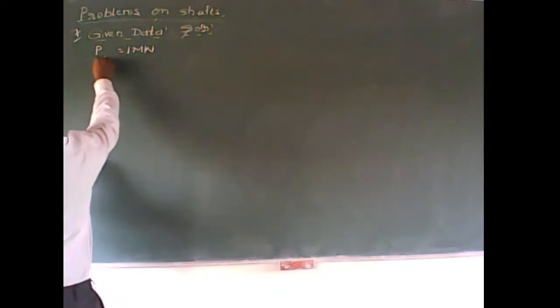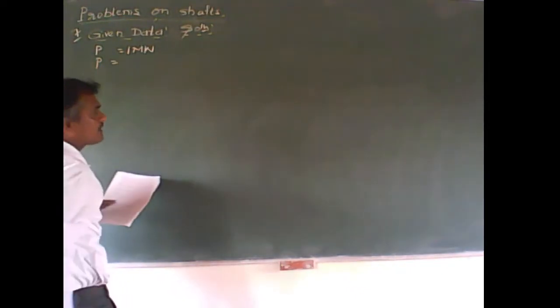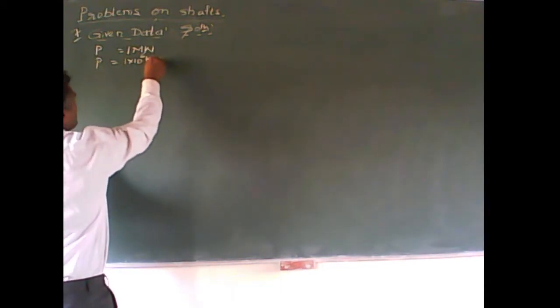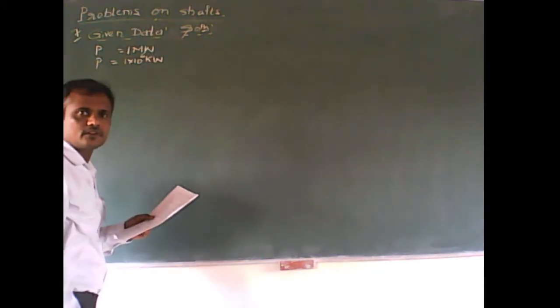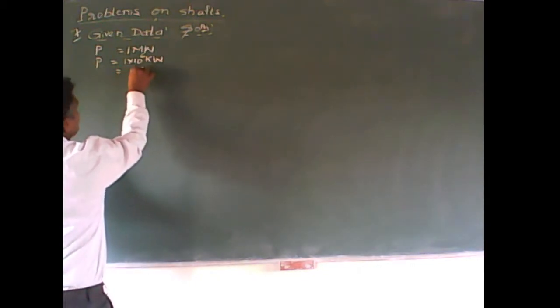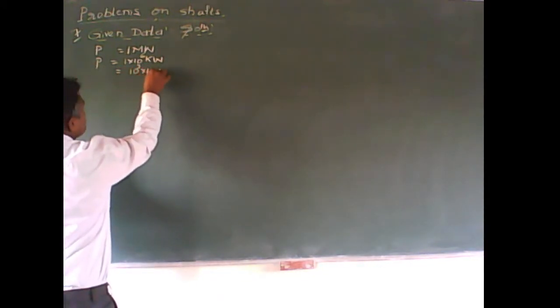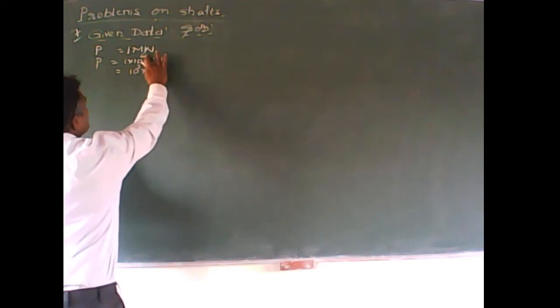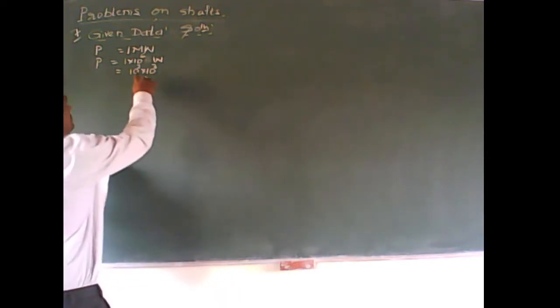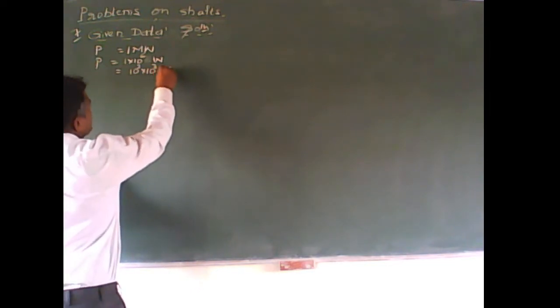Power in terms of kilowatt, I can write as 1 into 10 raised to 6. Mega means 10 raised to 6. I can divide this into 10 raised to 3 into 10 raised to 3 watts.